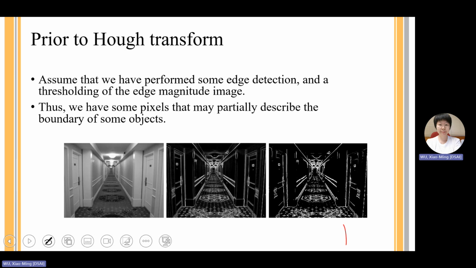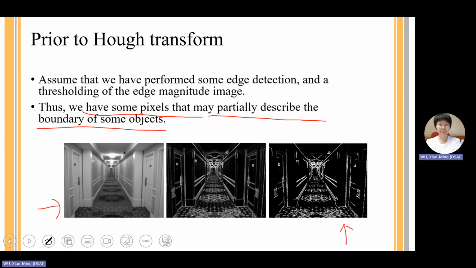So what can we observe for the edge map? There are many straight lines in the input image, but on the edge map, we only have a set of pixels that may partially describe the boundary of the objects.